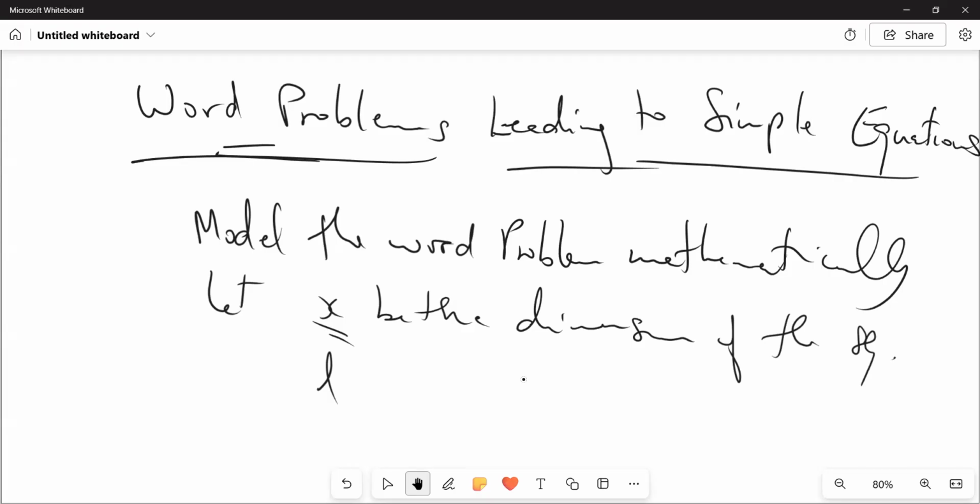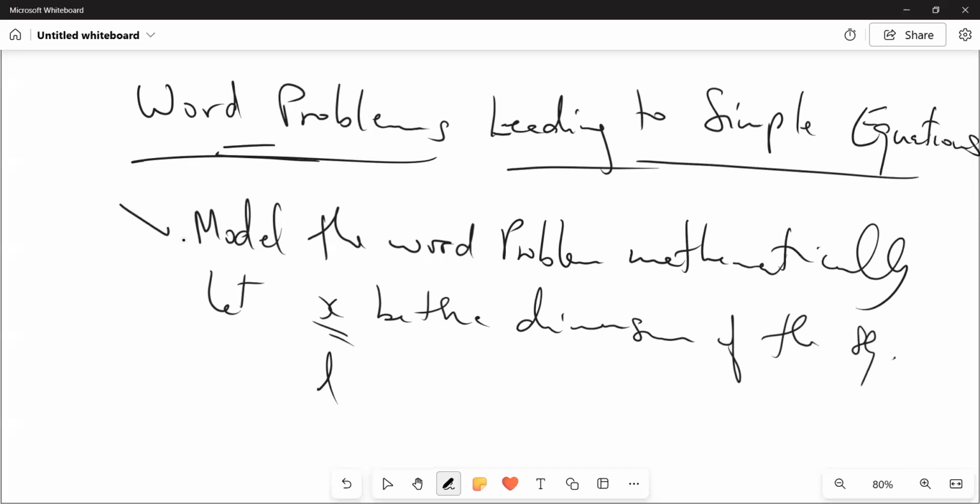Again, I want to remind you that this is not an attempt to give you steps, because as I said, these word problems can come from all over the place, and you will not be able to solve all of them the same way. But behind all of them, your task is to basically model the problem.